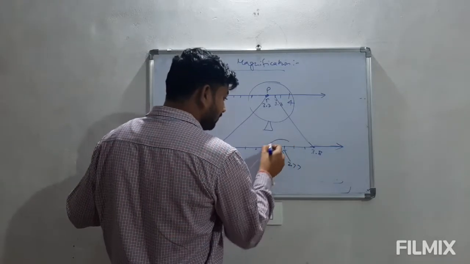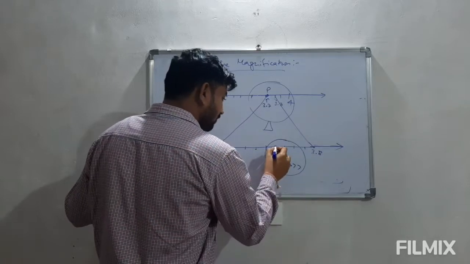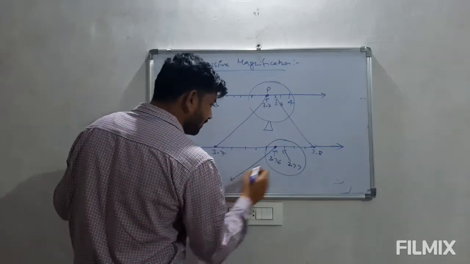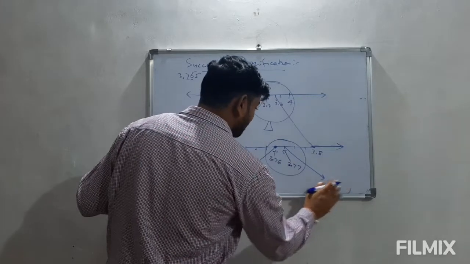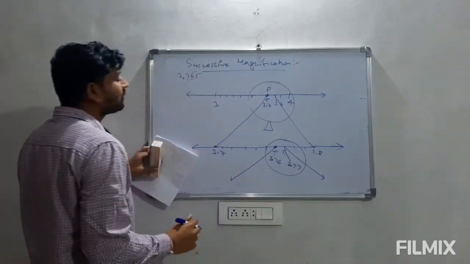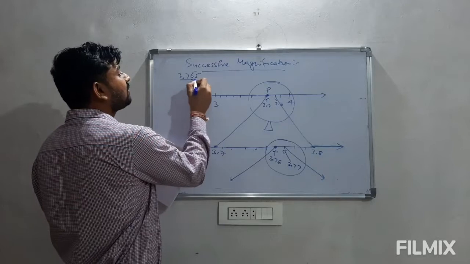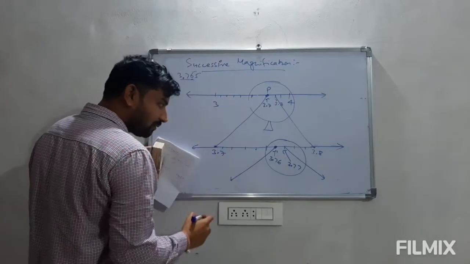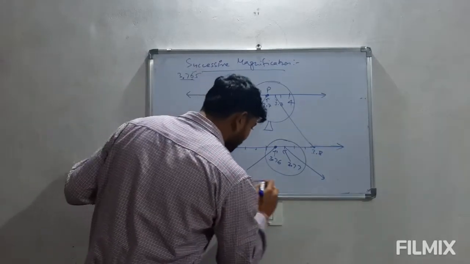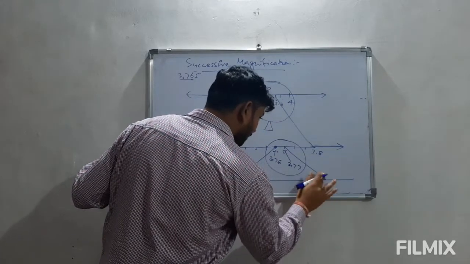So this is our point of consideration here. Again we will magnify this and we will use these two numbers, 3.76 and 3.77, because 3.765 will be greater than 3.76. So here we will use a new number line.